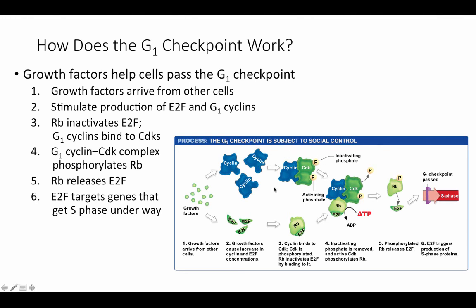In the next step, the inactivating phosphate is removed, so this MPF then becomes activated. It's got its cyclin, it's got its CDK, and it's got its phosphate in the active site. And what it's going to do is it's going to phosphorylate the RB protein, causing it to release E2F. So when RB is phosphorylated, E2F becomes active, and then the cell can go ahead and enter the S phase.